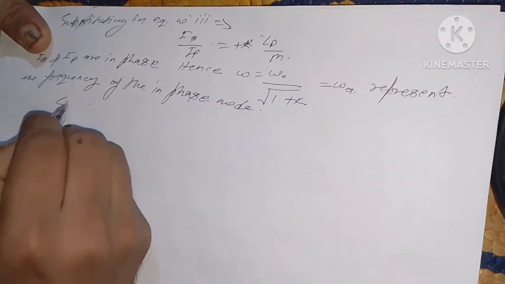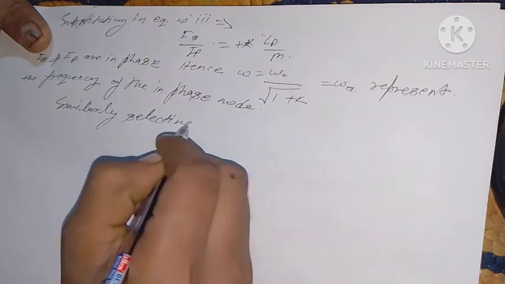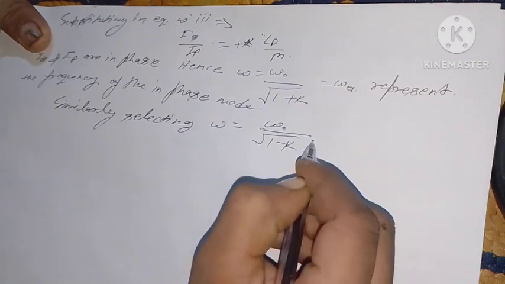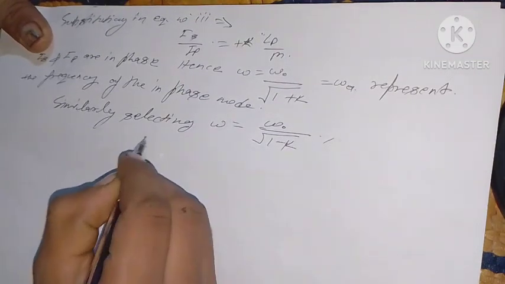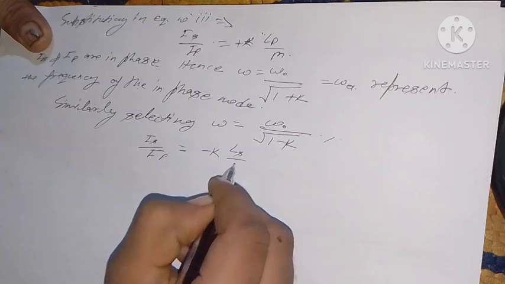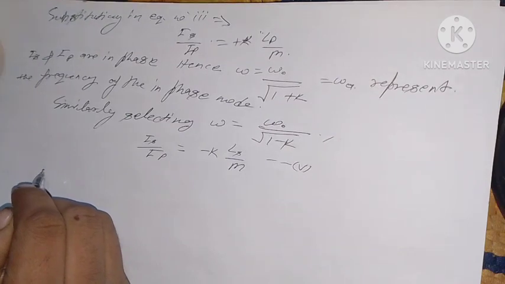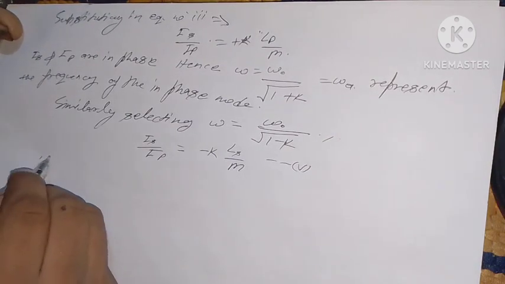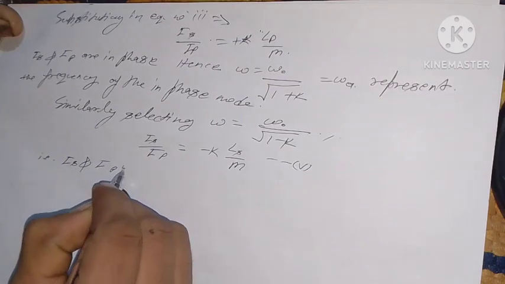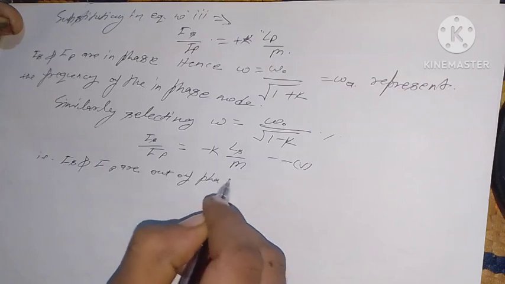Similarly, selecting omega equal to omega naught upon under root of 1 minus K, we find that IS upon IP equal to minus K LS upon M. This is equation number 5. So IS and IP are out of phase.